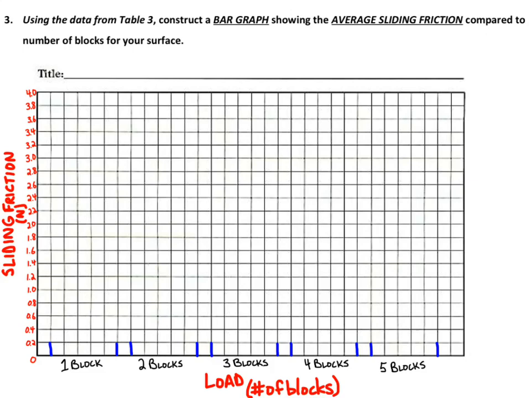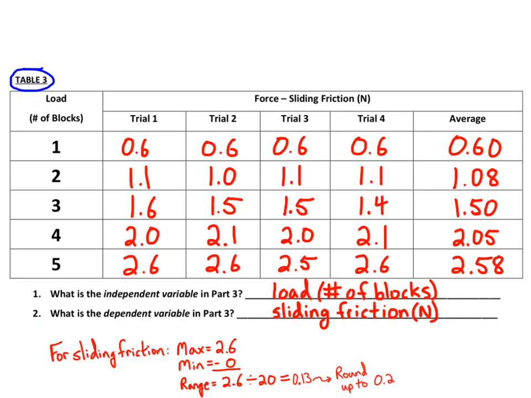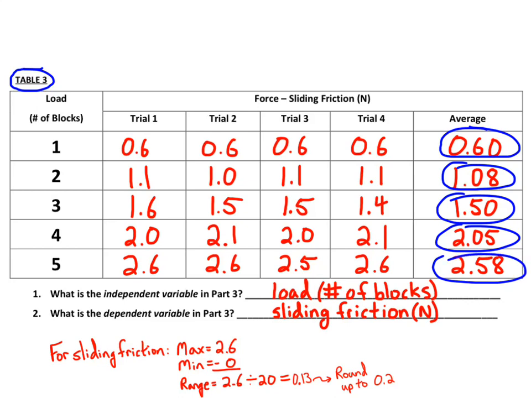Okay, now from this point on we can start placing our bars on the bar graph. So for each of our surfaces, we are graphing the average. So we have 0.6 for one block, 1.08 for two blocks, 1.50 for three blocks, 2.05 for four blocks, and 2.58 for 5 blocks.